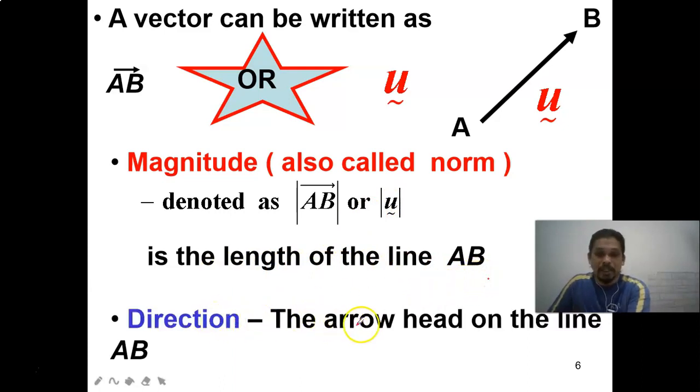And direction is the arrowhead on the line AB, as you see here, from A to B. This shows the direction from A to B here.